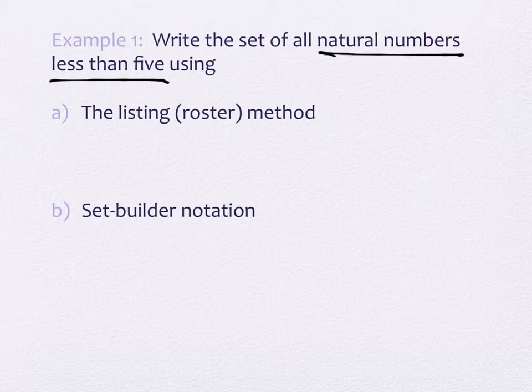Okay, so what is the first or smallest natural number less than 5? 1. And what else do I have? 2, 3, and 4. So this would be the roster or listing method for the numbers that are less than 5 and natural.